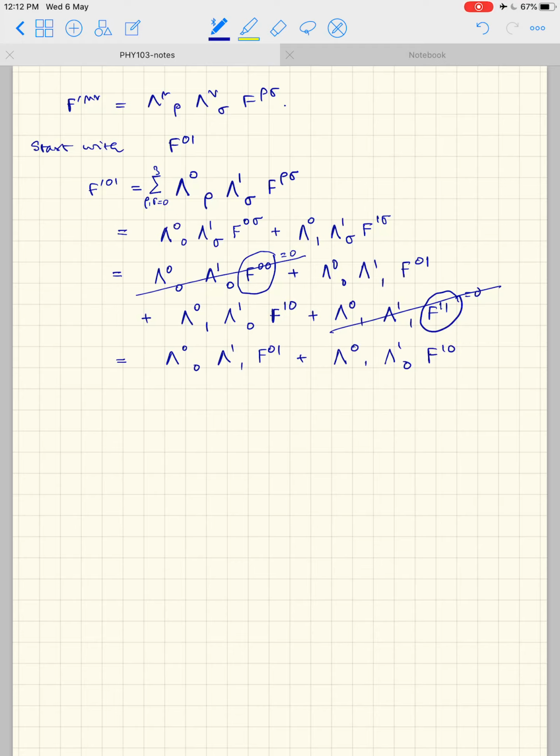Very simple. You just have to carefully sit down and put all the indices in. But once you do that, this is very simple. Now we can put the values in.